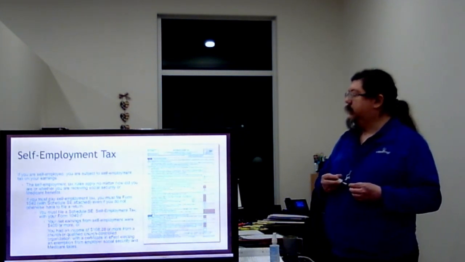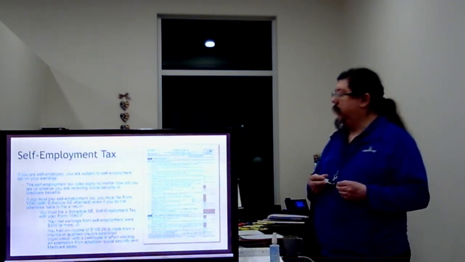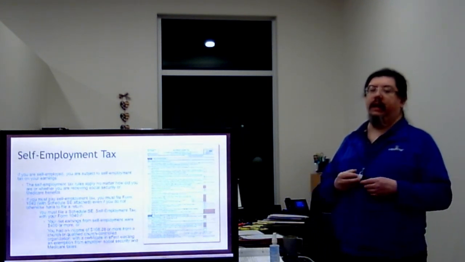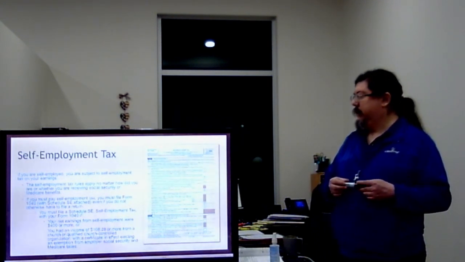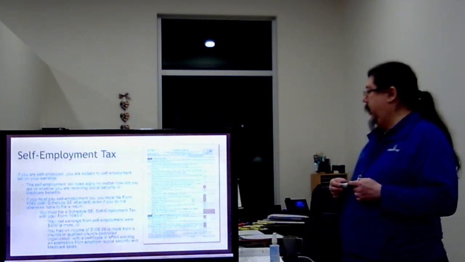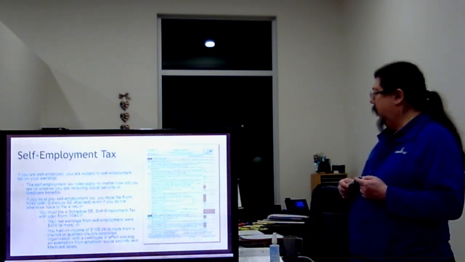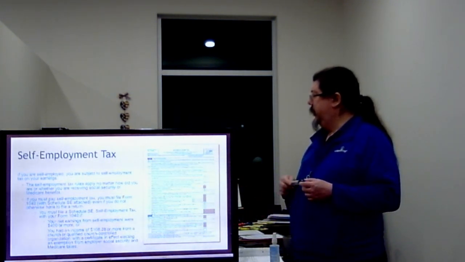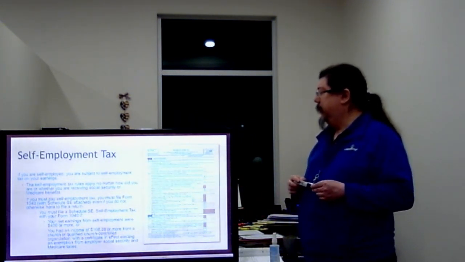But if you are self-employed, you're basically standing in the shoes of the employer and the employee, so you pay both halves of this tax. There used to be a short form Schedule SE, but there's not really anymore.